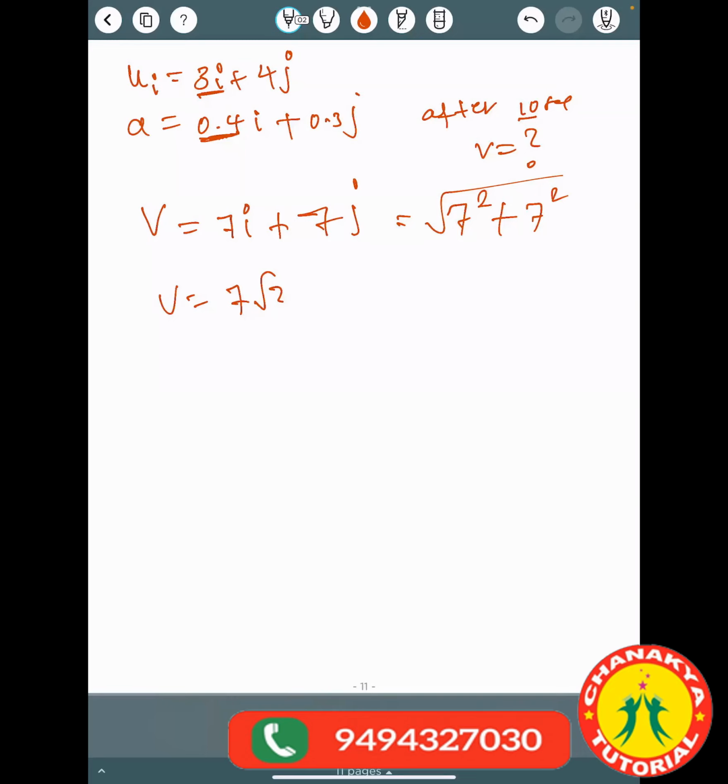So the next question, number 2. A body is thrown vertically upwards. Which one of the following graphs correctly represents the velocity versus time? So the first option, second option, third option, and fourth option I will give you.